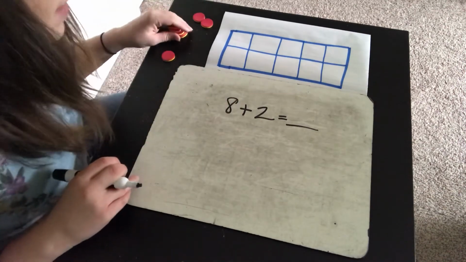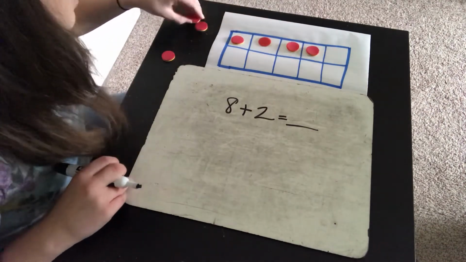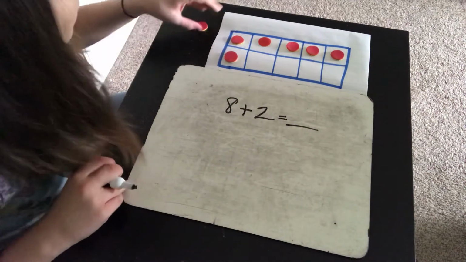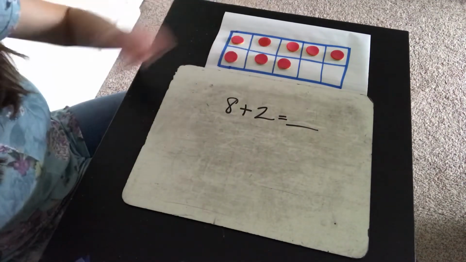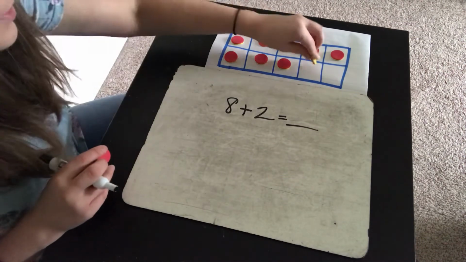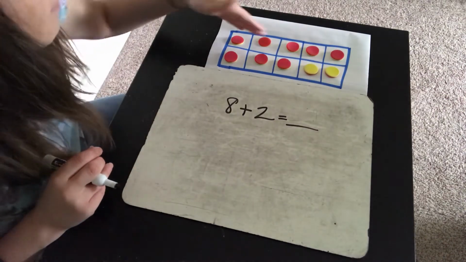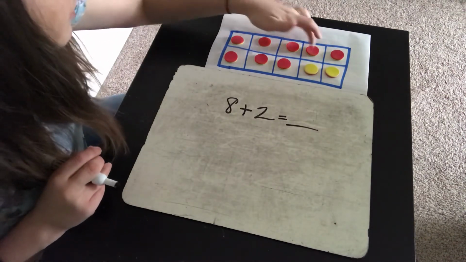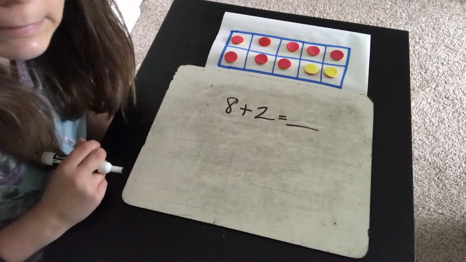So if I have 8 plus 2, I'm going to begin with 8. 1, 2, 3, 4, 5, 6, 7, and 8. And then I need to add 2 more. So 1, 2. All right, so we have 8. 1, 2, 3, 4, 5, 6, 7, 8 plus 2 equals what?